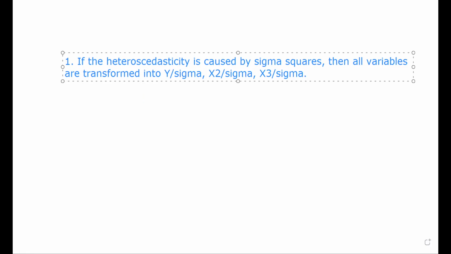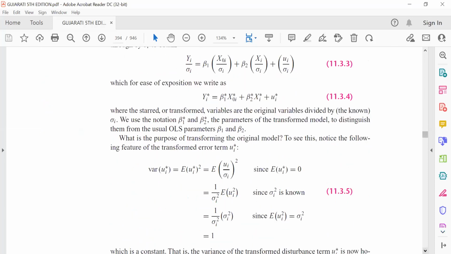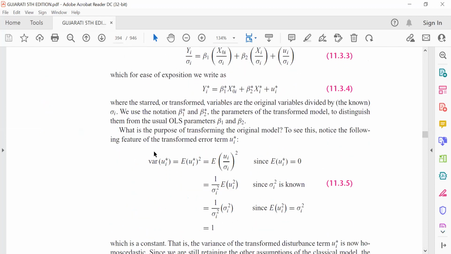This is the first way to solve our heteroscedasticity. We hope that after transforming the variables into weighted ones, so we call this weighted.